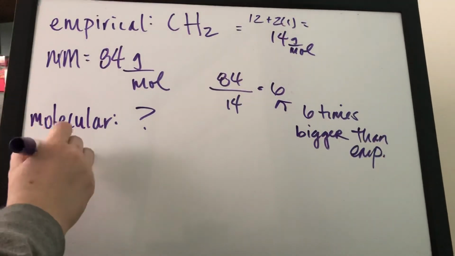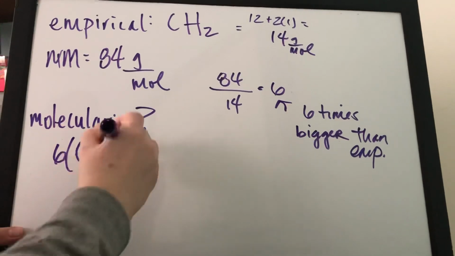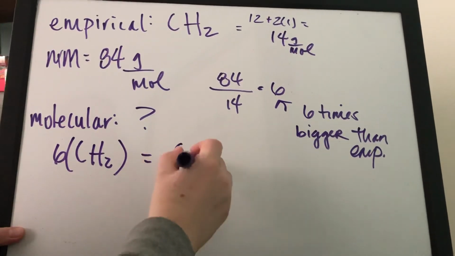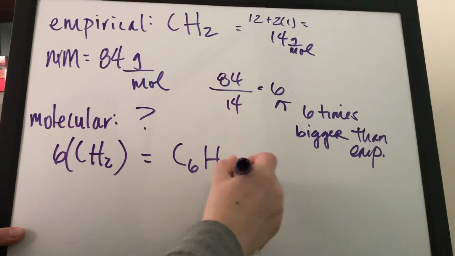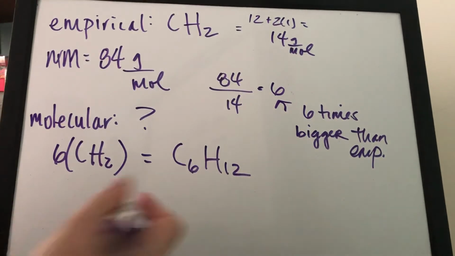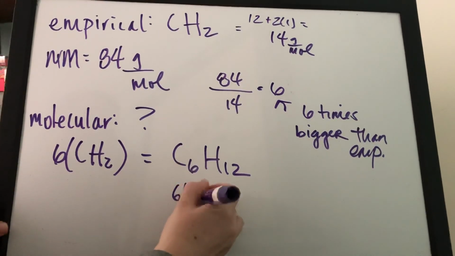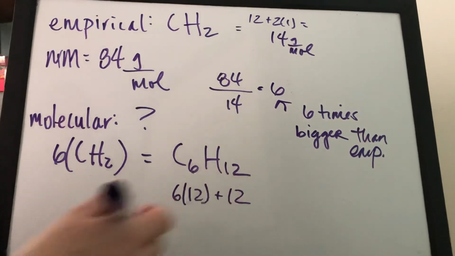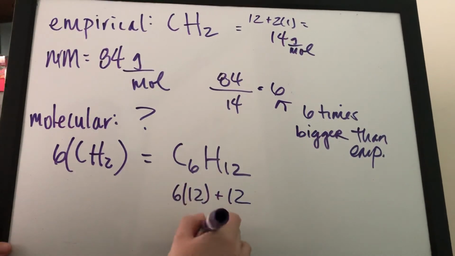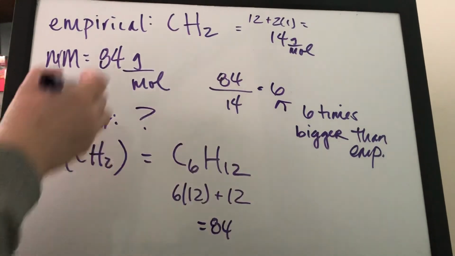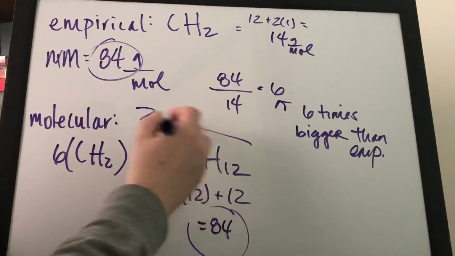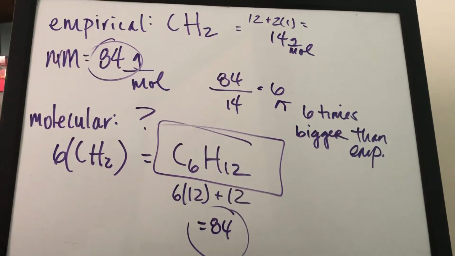So I just multiply the empirical formula by 6. That's it, which gives me C6H12. And if you want to check, you can check your molar mass by doing 6 times 12 plus your 12 hydrogens, which is, of course, 84. And so this matches this. It does work out. Here's your molecular formula.